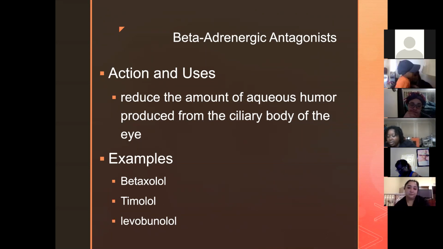So remember that those are the ones that are for reducing the amount of aqueous humor that's produced in the ciliary body of the eye. And that's what we want ultimately because we're trying to reduce the pressure in the eye, and you can't reduce the pressure if there's too much aqueous humor in the eye, okay?